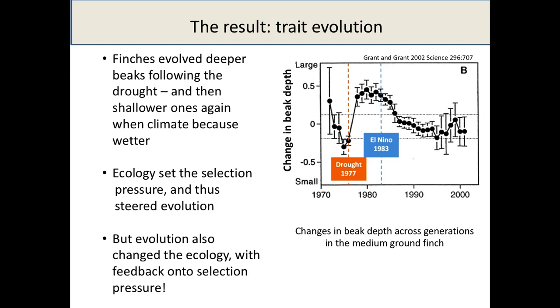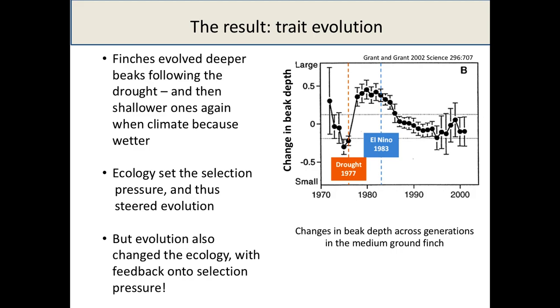So over time, we see this shift in traits, or in a trait, in beak size within these birds, as a response to changes in their environment, as a response to changes within the prey that's available to them.